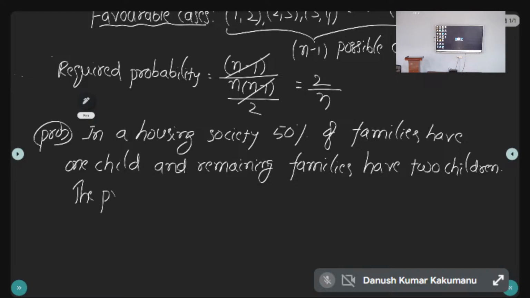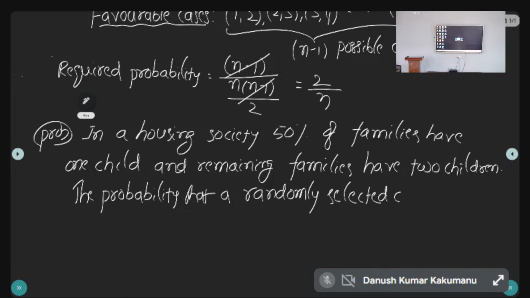The probability that a randomly selected child in the society has a sibling.